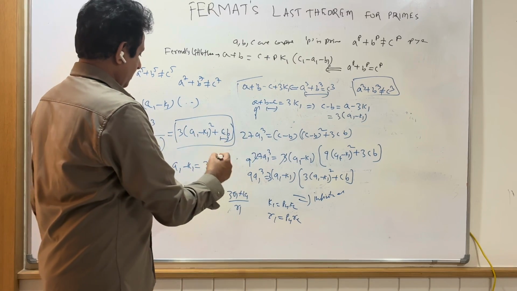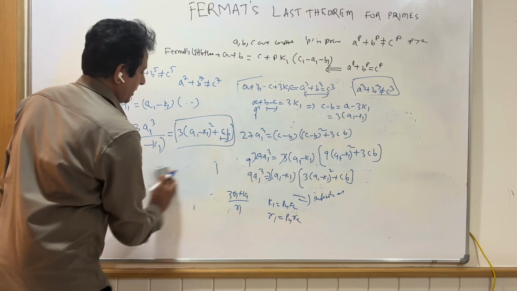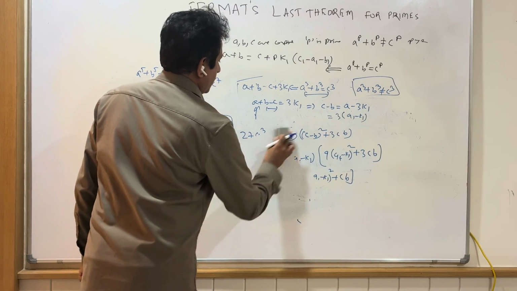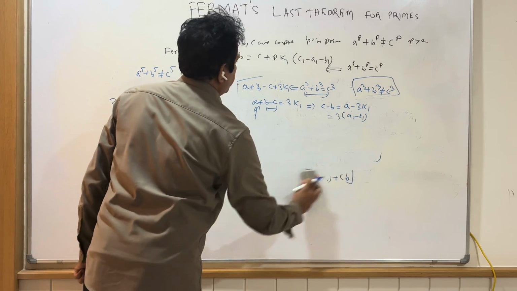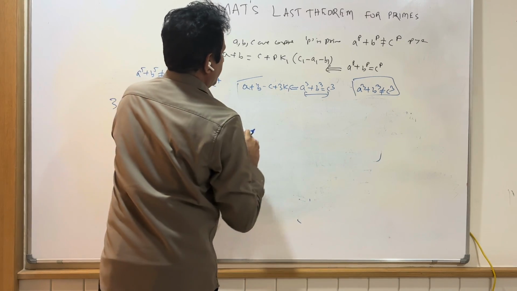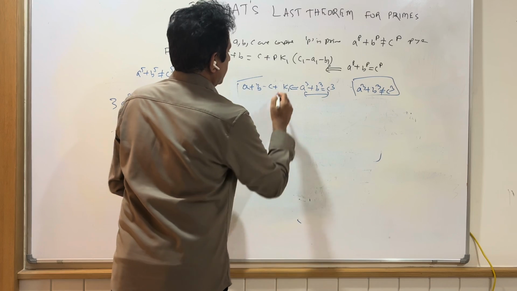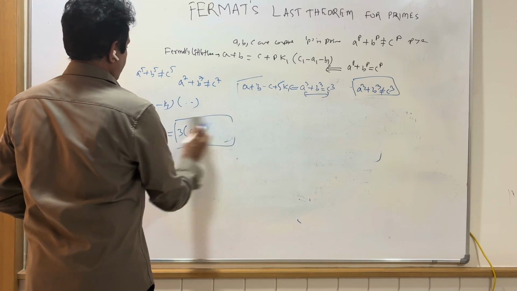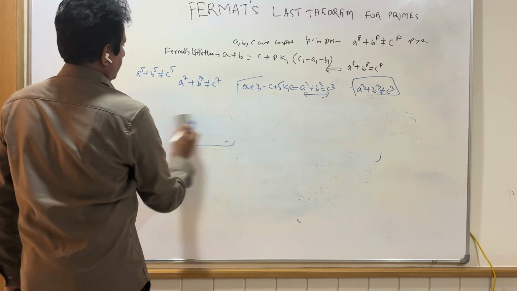For example, if I have 5, it will be 5k1 here.